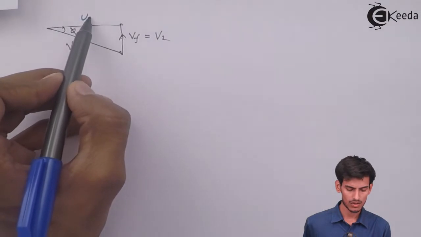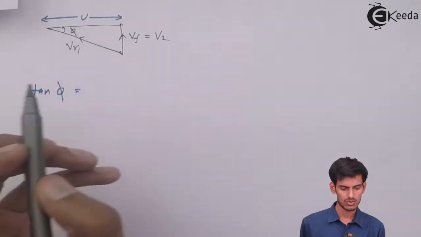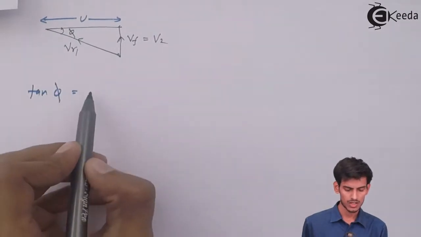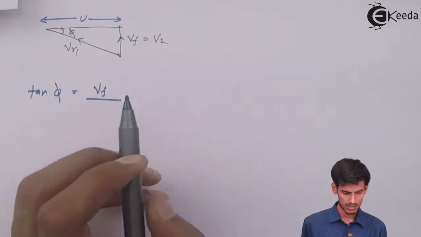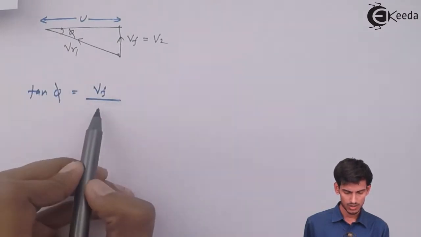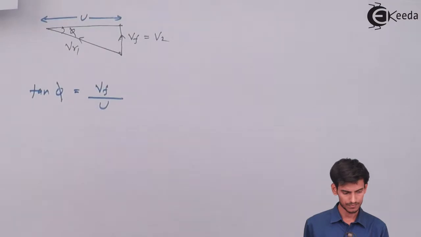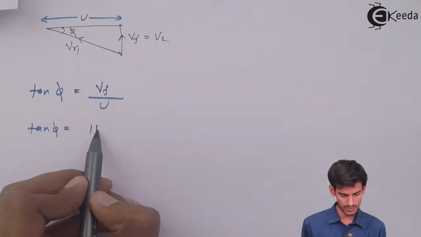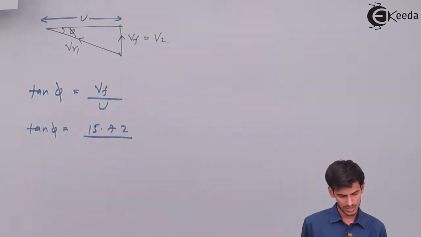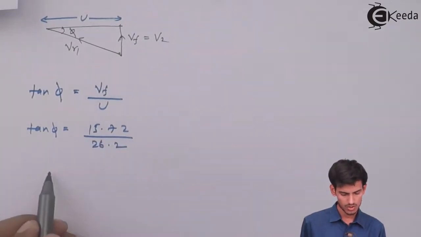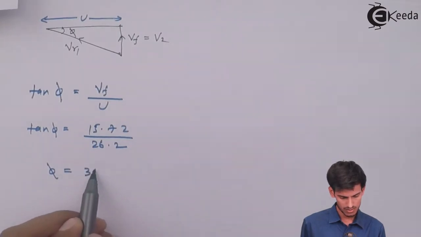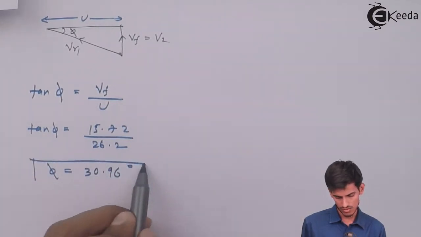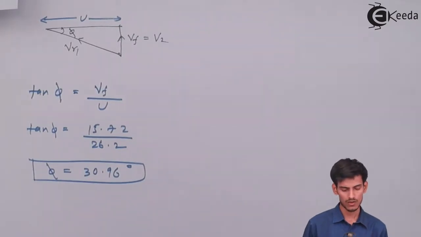The adjacent side is the value of u, and the opposite is the flow velocity at outlet. Once you substitute the value of flow velocity as 15.72 and the value of u as 26.2, you get the value of phi, the guide vane angle at the exit.